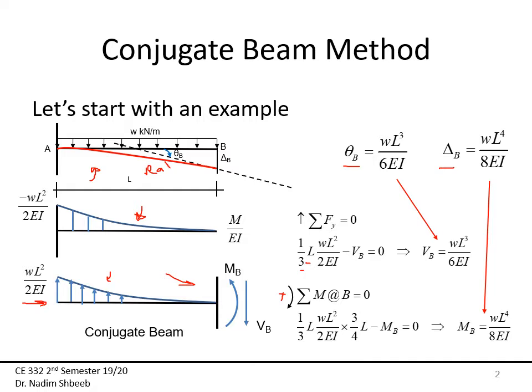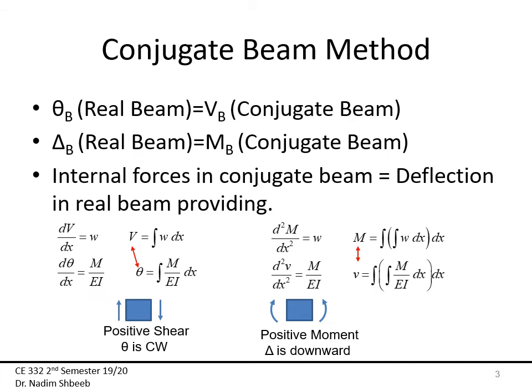Okay, so if I want to put that in a statement, then theta B for the real beam is equal to the shear at B for the conjugate beam. Again, conjugate means made up. Delta B, which is the deflection in the real beam, is equal to the moment of the conjugate beam.